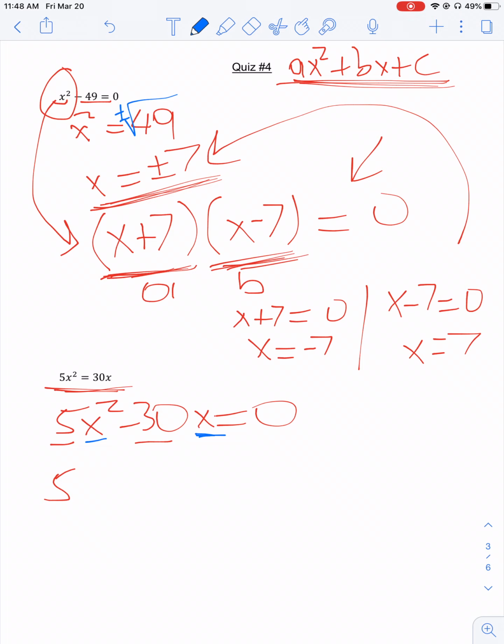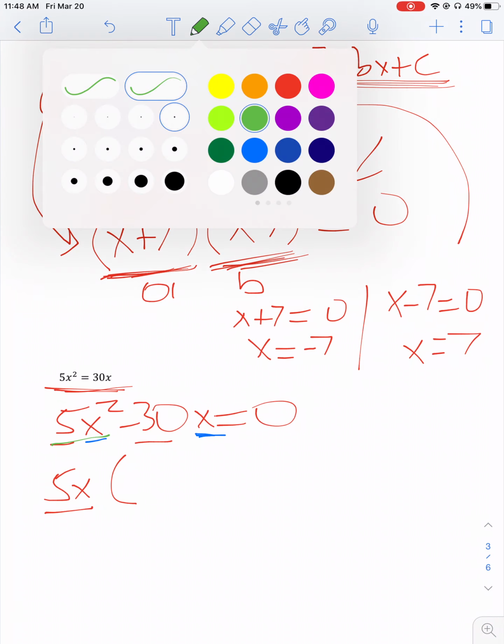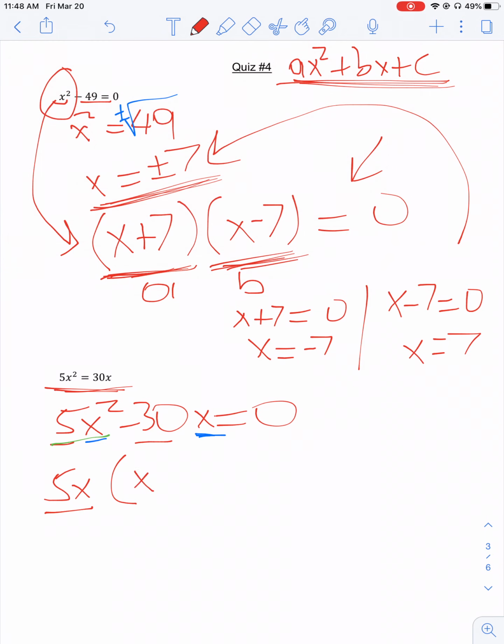So I'm also going to factor out x, and then open the brackets, and ask yourself this question. What do you need to multiply this 5x by to get this 5x squared? The answer is just x, because the 5 is already there. And what do you need to multiply this 5x by to get negative 30x? That's just minus 6.